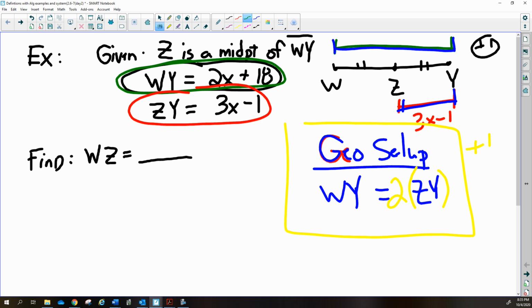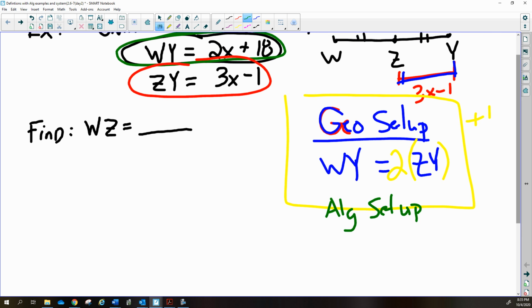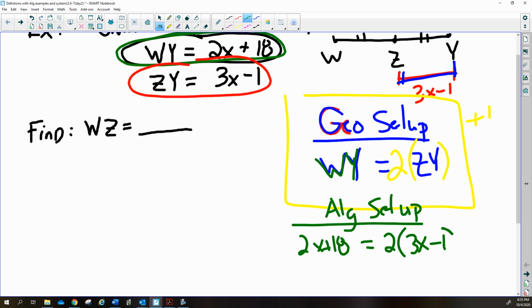From there, I'm going to set this up by doing an algebra setup. My algebra setup is now substituting in 2x plus 18 for WY. For YZ, I have to substitute in 3x minus 1, but in order to make them equivalent, I have to double that other side.